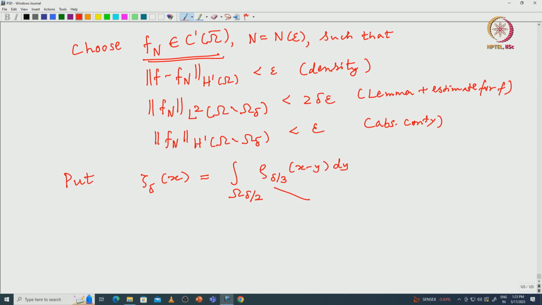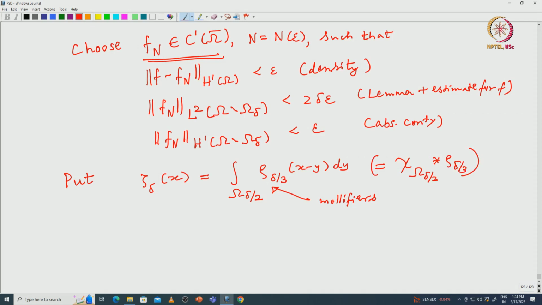So, this is modifiers. So, this is nothing but the characteristic function of this region, omega delta by 2, convolved with rho delta by 3. Okay. So, how useful they are.